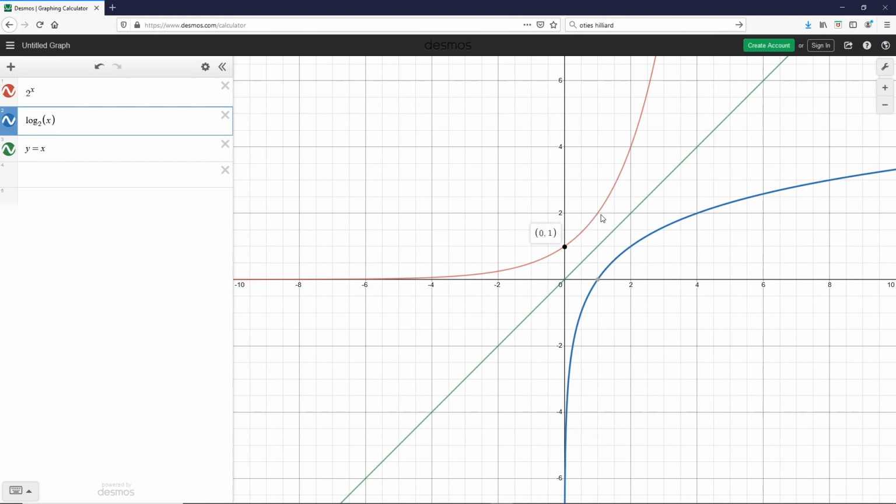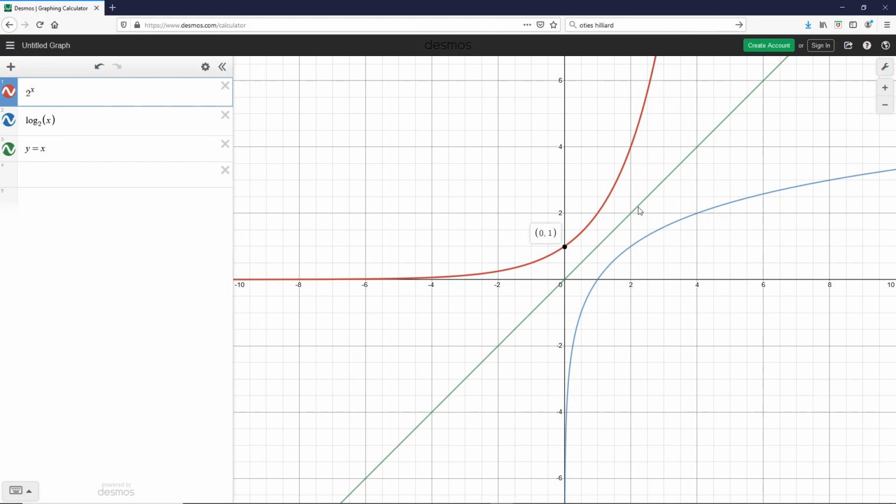And then on the inverse, when x is 1, y is 2. And then when x is 4, y is 2 on the logarithmic graph. So that's saying when x is 2, y would be 4 for the graph of the 2 to the x function.